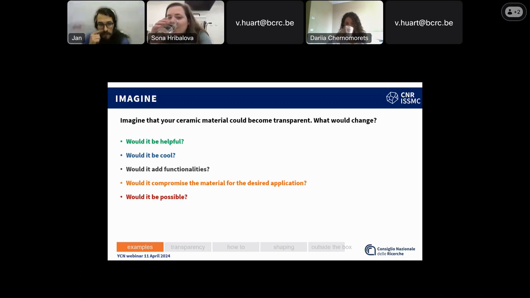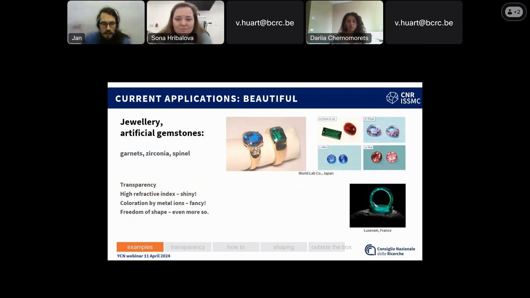You need to remove pores from the material. And if you, for example, reduce grain growth, or if you promote the migration of pores outside, then this is what you're going to get. Okay. And why are most ceramics not transparent? Because most ceramics are not prepared in the right way, even if they probably might have been transparent.